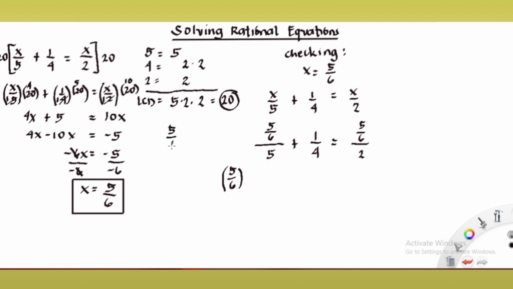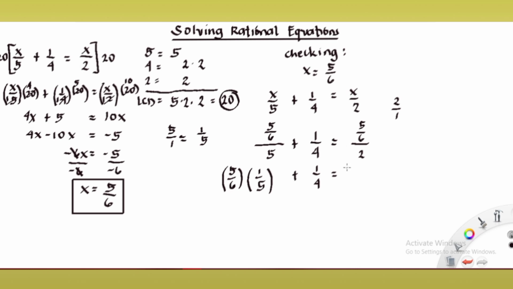Ang reciprocal niyan, pag sinabing reciprocal, pagpapalitin ng pwesto ang numerator and denominator. So, the reciprocal of 5 over 1 is 1/5. So, again, the numerator 5 over 6 times the reciprocal of 5, which is 1/5. Okay? Plus, kopyahin ng 1/4. Equals, ito na naman, fraction divided by another fraction. Ang 2, pag ginawang fraction, that is 2 over 1. So, again, katulad ng ginawa natin sa first term.